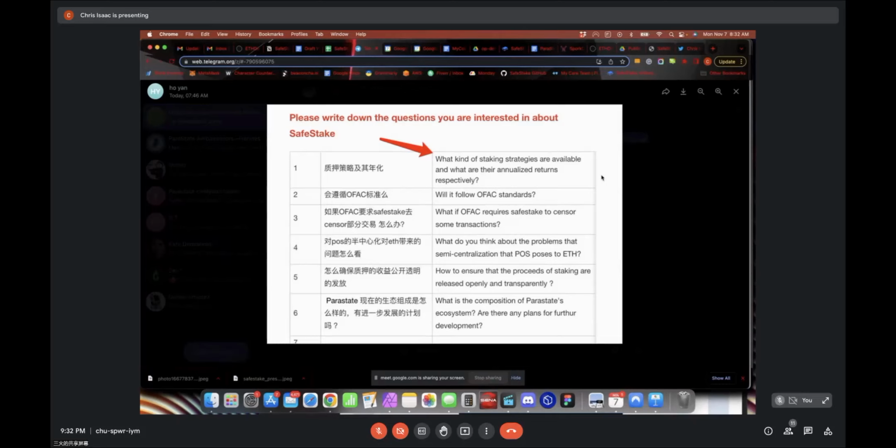So those exist, to more decentralized staking solutions like the one we're offering, to staking pools, where you're pooling with other people to run validators. So the annualized returns are kind of tough to say right now.